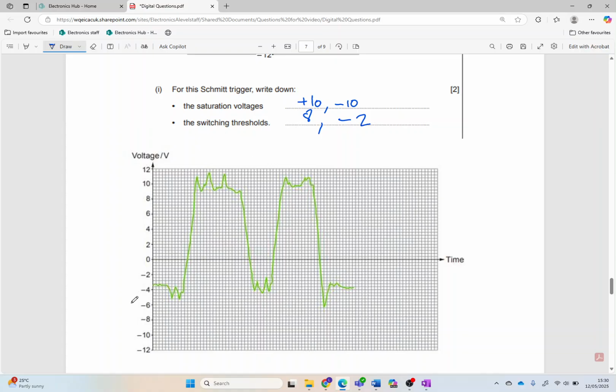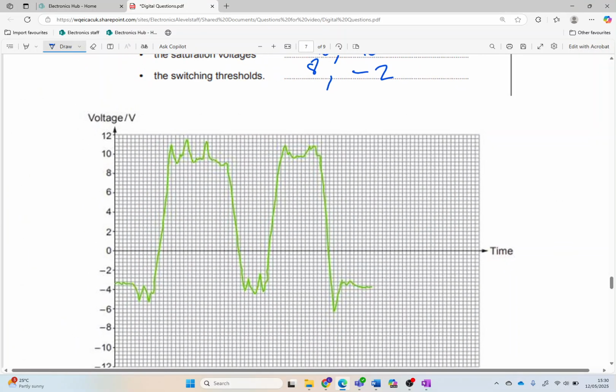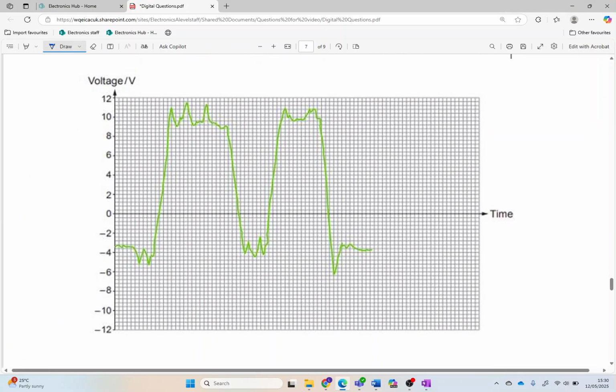Okay, so definitely know that our output is going to be, down here, we're past the minus 2 point, so we've got minus 10 volts out. So we're going to have minus 10 volts out.